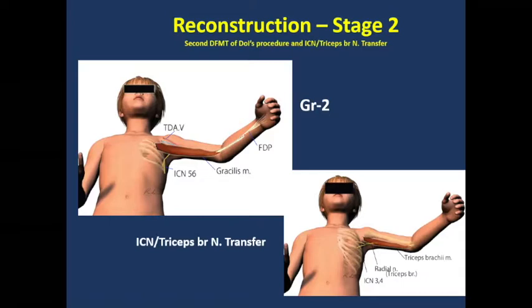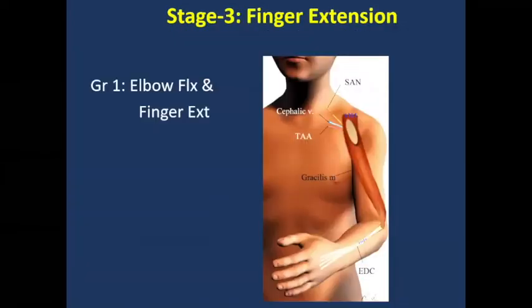Simultaneously, the third and fourth intercostal nerves were transferred to the motor branch of the triceps. Three months later, we performed another gracilis free muscle transfer to restore elbow flexion and finger extension.